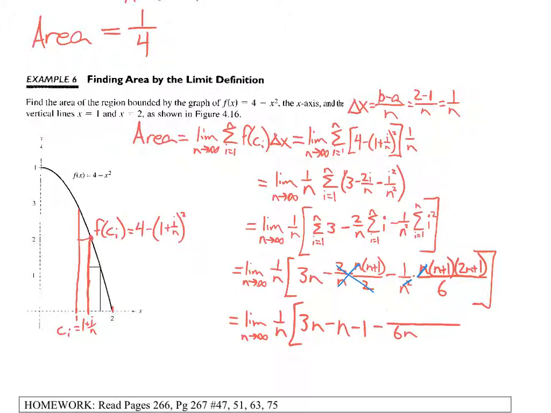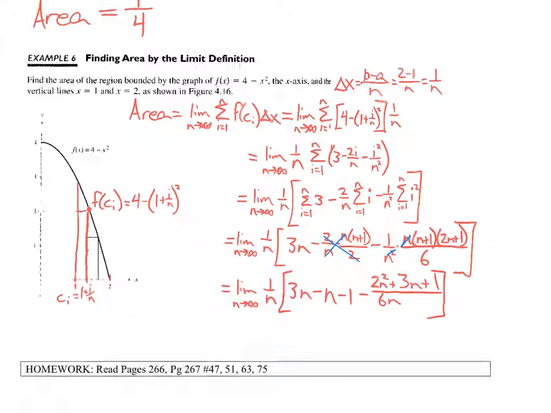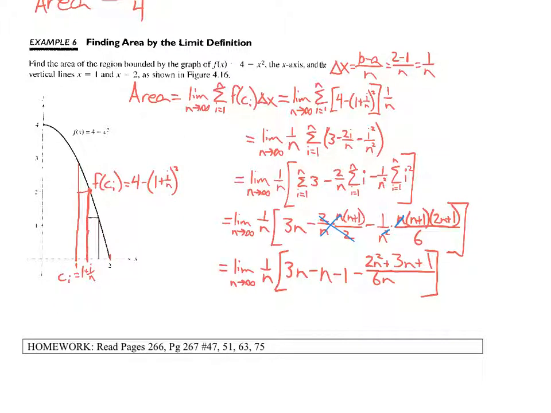And on the top, we've got a 2n squared plus 3n plus 1. Doing a little bit more simplifying. 3n minus n is 2n minus 1.